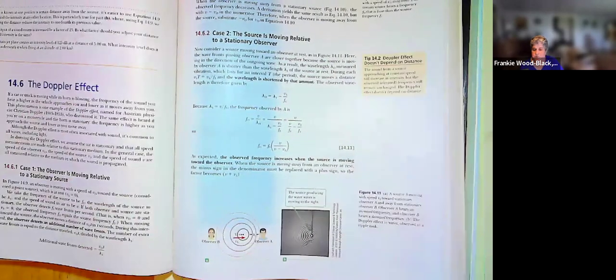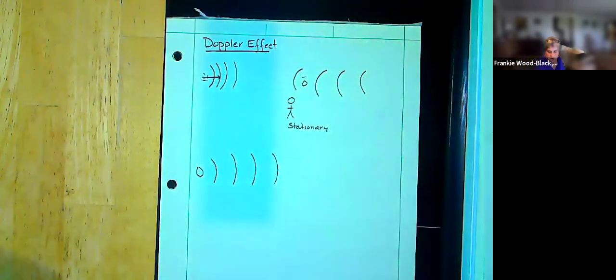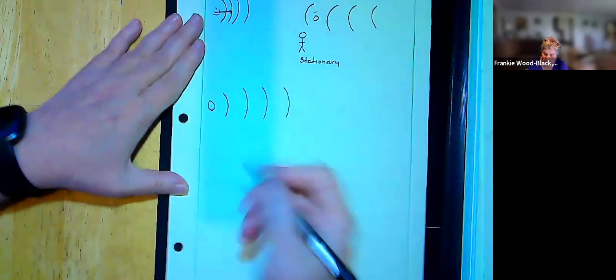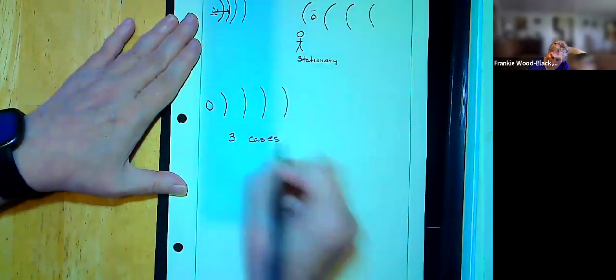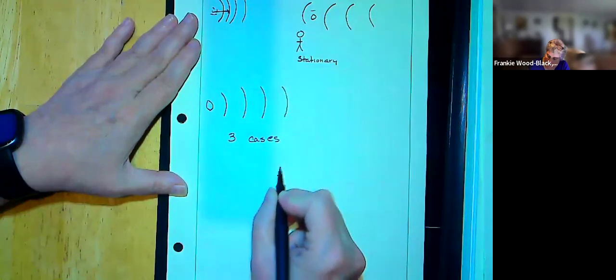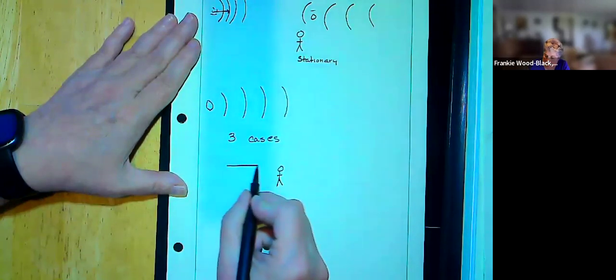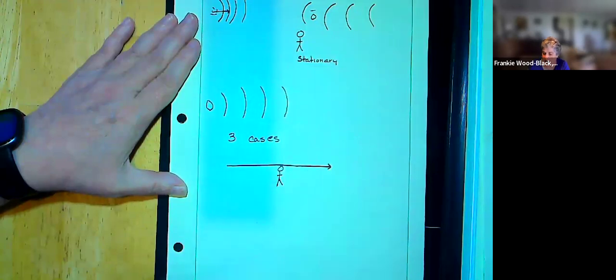You can go backwards and forwards with this because we have 3 cases. You get 3 cases with the Doppler effect. One is I have a stationary observer and the sound is going by like that.